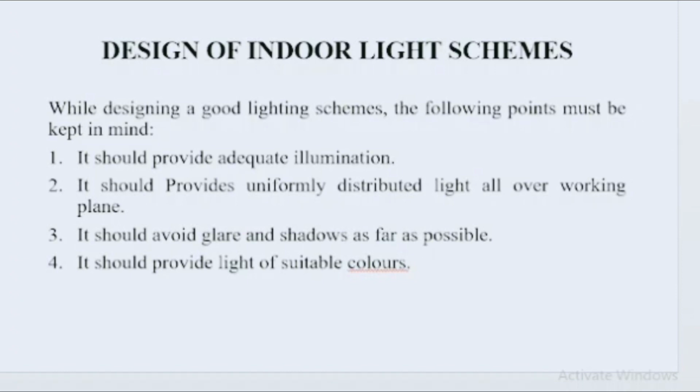In some homes they are planning nowadays, during night they are choosing one color, during daytime they are choosing another color. So based on the requirements, suitable colors are to be placed. These are the things we have to keep in mind to design the indoor light schemes: illumination, uniformly distributed light, avoiding glare and shadow, and also providing suitable colors based on the requirements.